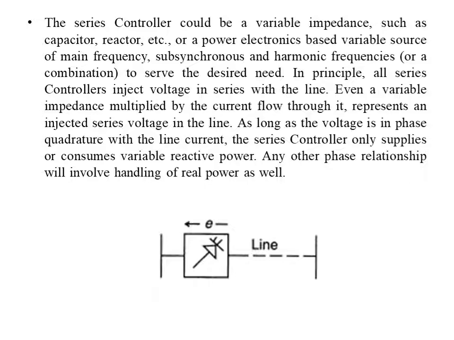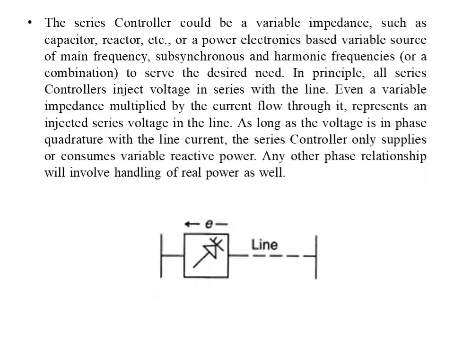As long as the voltage is in phase quadrature with line current, the series controller only supplies or consumes variable reactive power. Any other phase relationship will involve handling of real power as well.